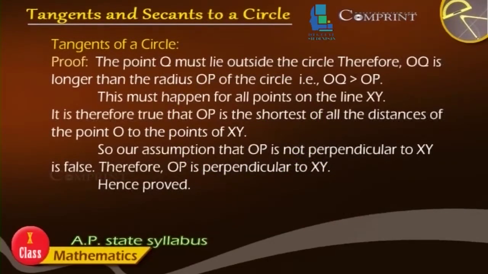The point Q must lie outside the circle. Therefore, OQ is longer than the radius OP of the circle, that is, OQ is greater than OP.